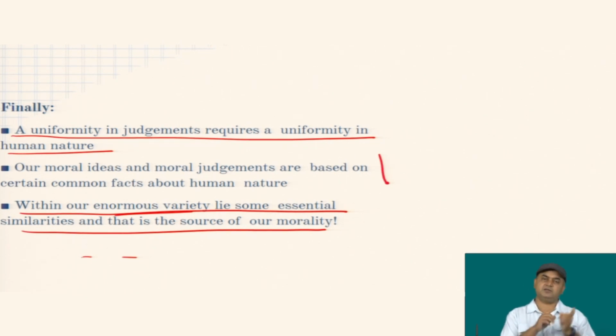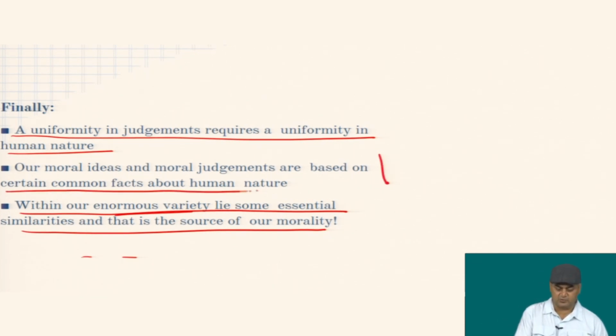What was the critique? The critique was that different people may value hierarchies differently in different circumstances. So, arguing for Ross, one could say that Ross requires that a uniformity in judgment requires a uniformity in human nature. Is that too much to ask for? No, because it is not saying that all of us are identical, but our moral ideas and moral judgments are based on certain common facts about human nature.